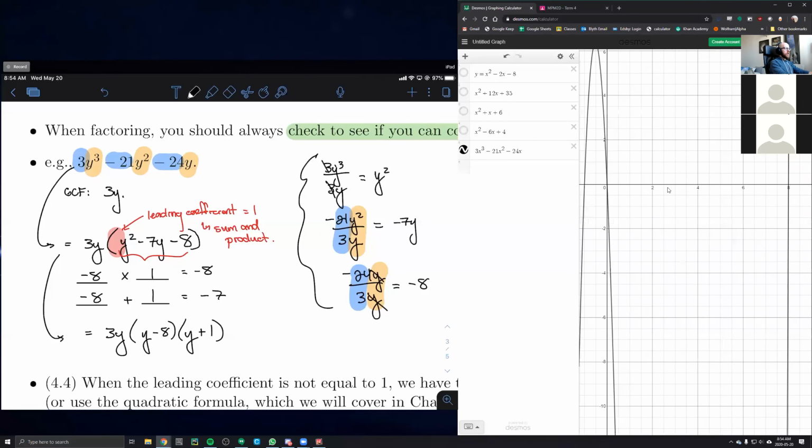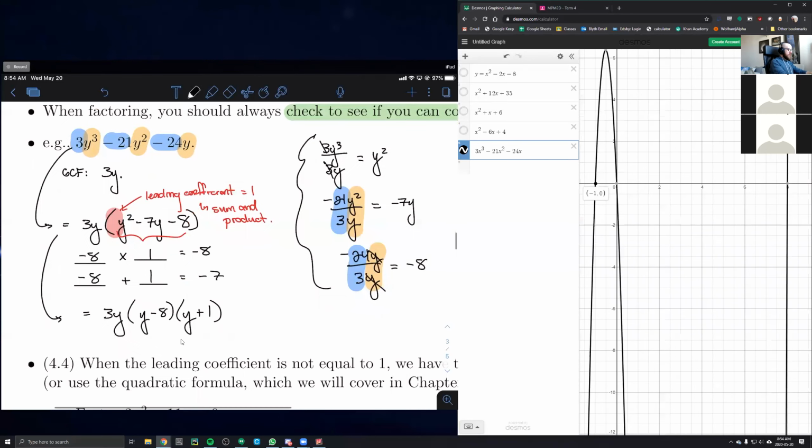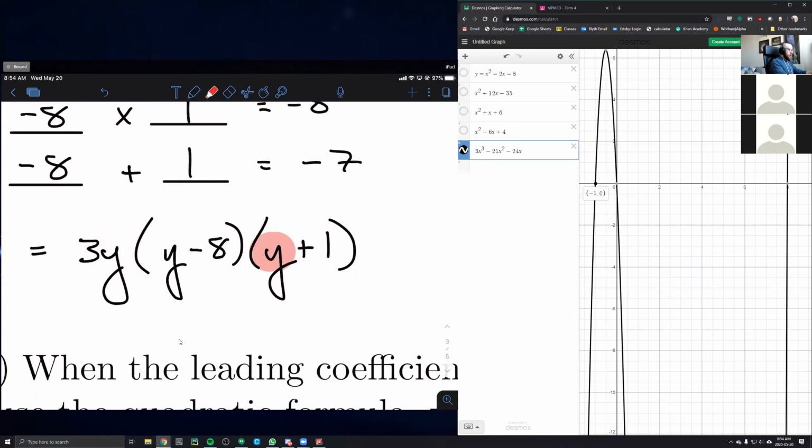But if we notice, in this case, we have 3 x-intercepts. One of them's at -1, so that kind of makes sense, right? Because I have an x-intercept of -1 here. The other x-intercept is at 8. That makes sense. I have y minus 8 here. Now, when I have something like this y out front, I will also get an x-intercept at 0, right?